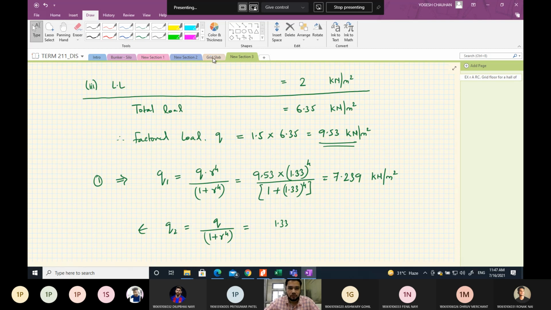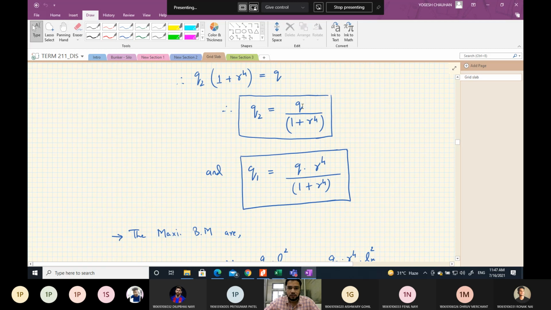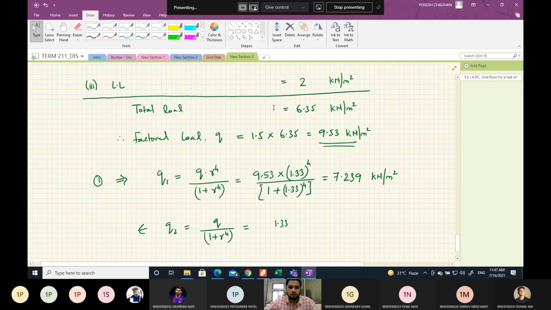Let us just verify. Yeah, it is Q by 1 plus r raised to the power 4.